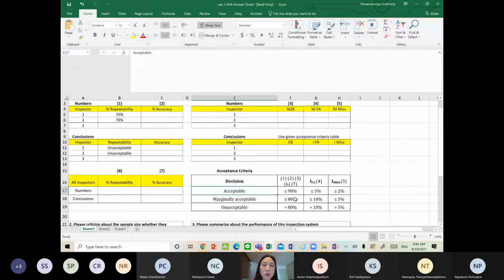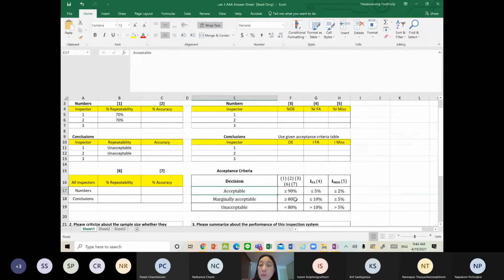If it's 85%, you can say marginally acceptable, and then that company should decide whether they will really accept it, or sometimes they will use only one criterion for making a judgment. For example, if it's 90% or greater, they will accept, but if it's less than 90%, some companies may say unacceptable.